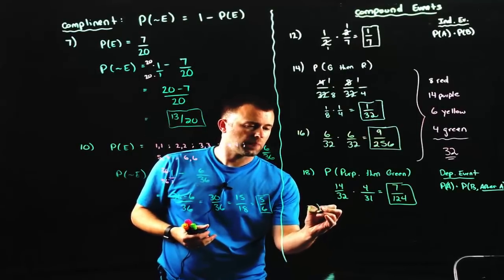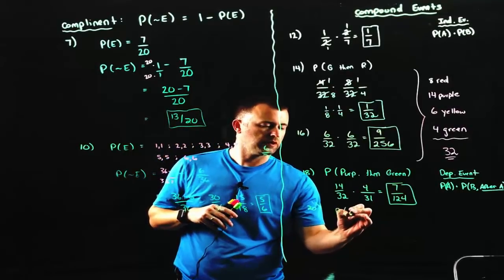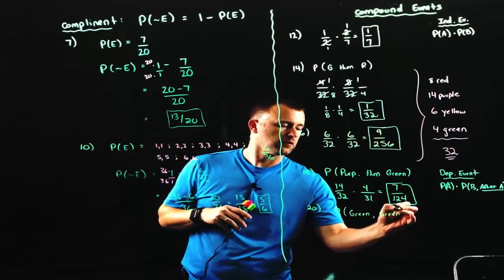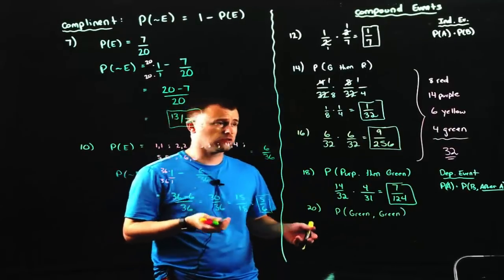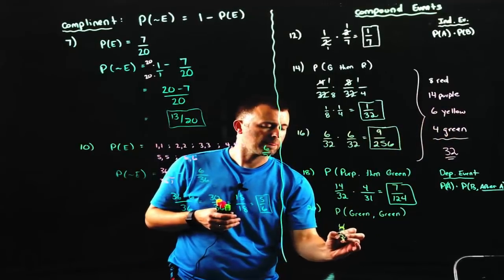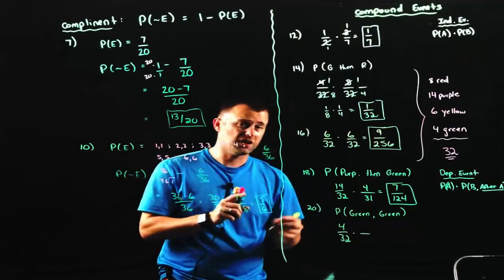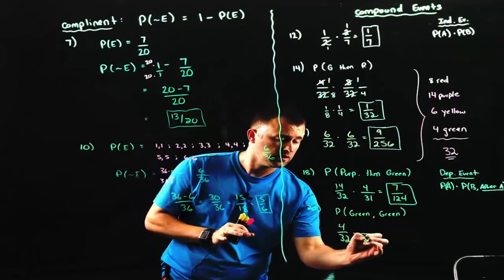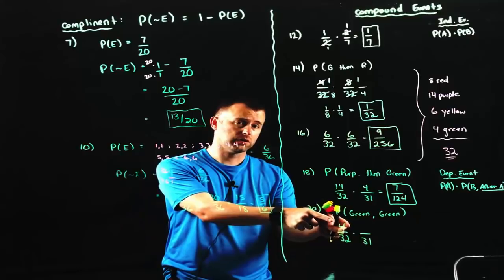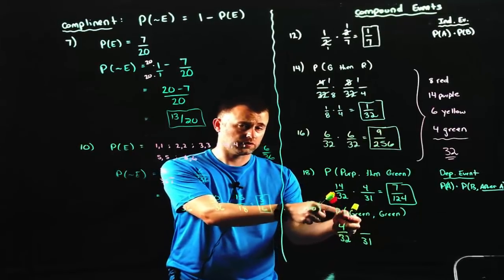And then we get to number 20, same situation. We have probability of 2 greens. So probability of green and then green. So I want those two to occur in succession. So here I have my greens. I have 4 out of 32 times, and now not only are we not replacing, so we're going to have 31 crayons now, but we've already pulled one of the 4 out, which means we now have 3 crayons that are green left.